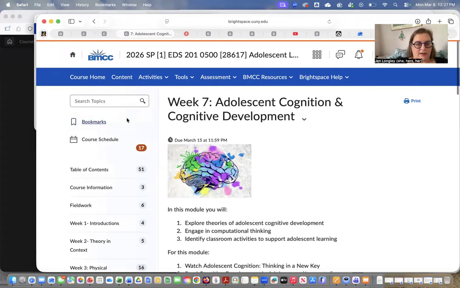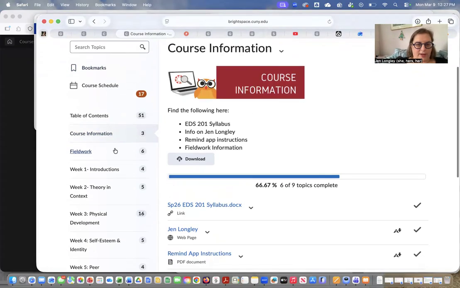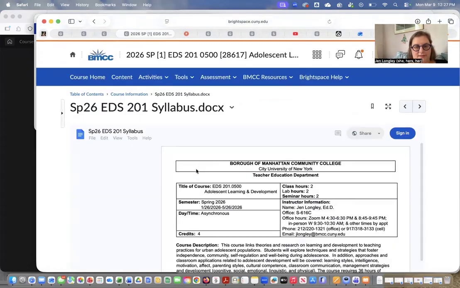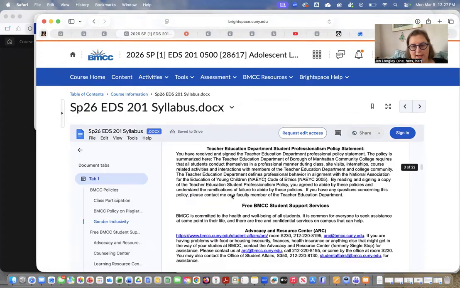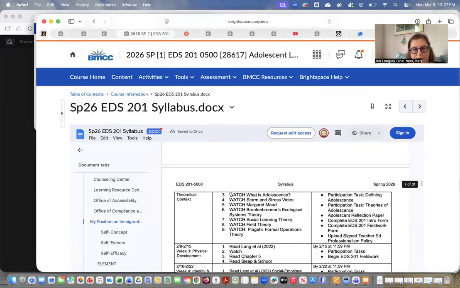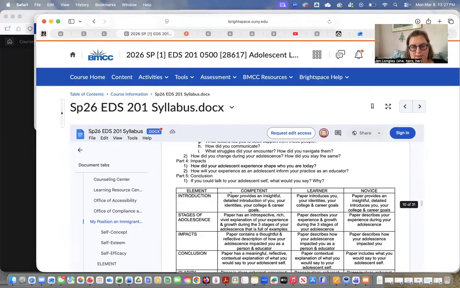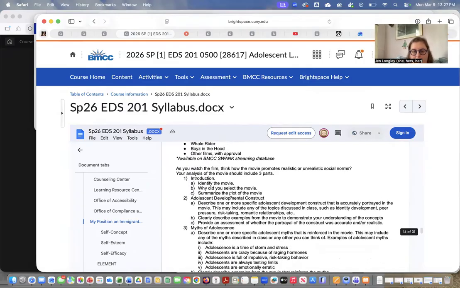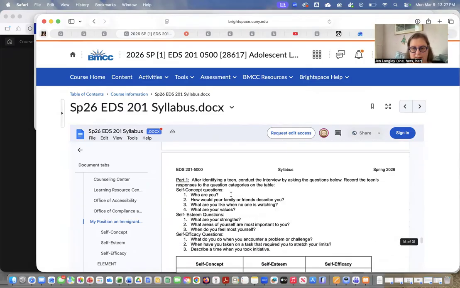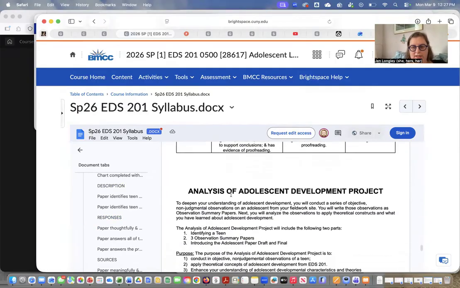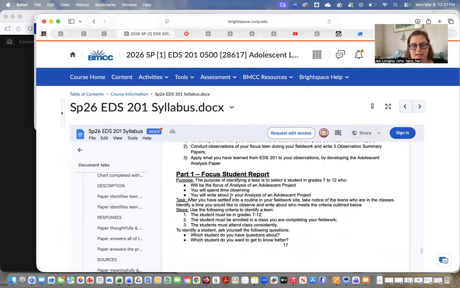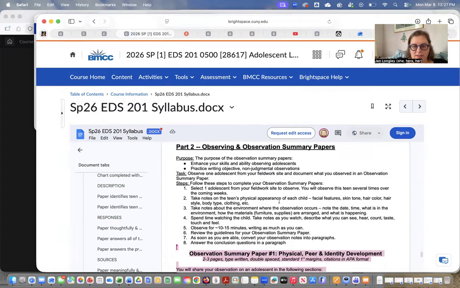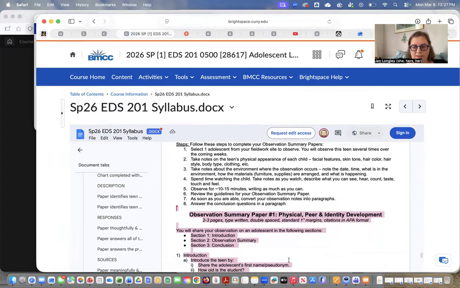It's going to take a minute. In course information, in syllabus, scroll down towards the bottom where you see analysis of adolescent development project, and you see focus child report, observing and observation summary papers.